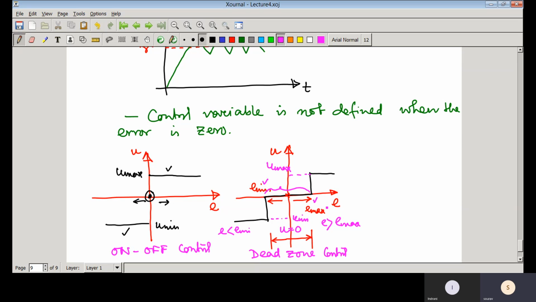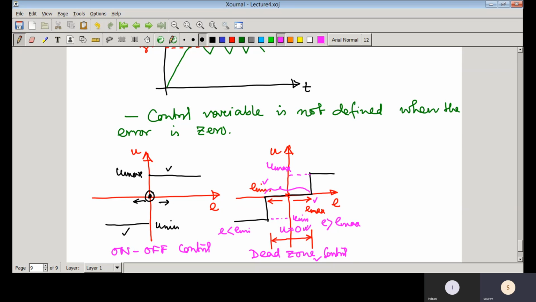The difference between dead zone and on-off control is that in dead zone we allow a band, and whenever the error lies inside that band, the control input is equal to 0. This is another type of control strategy we apply in practical applications, called dead zone control.